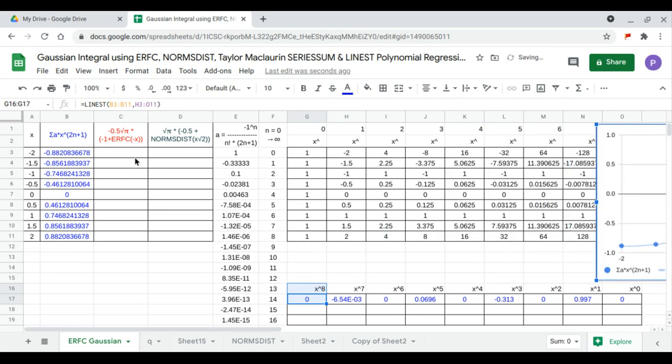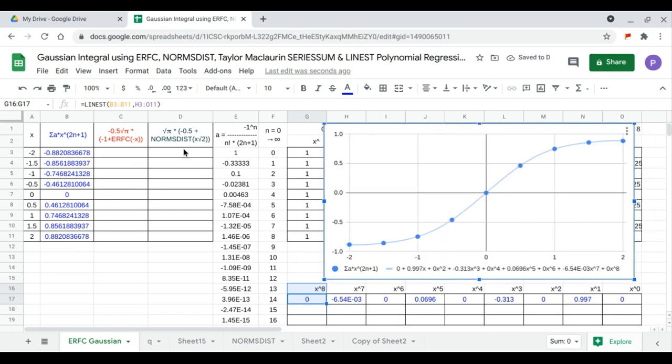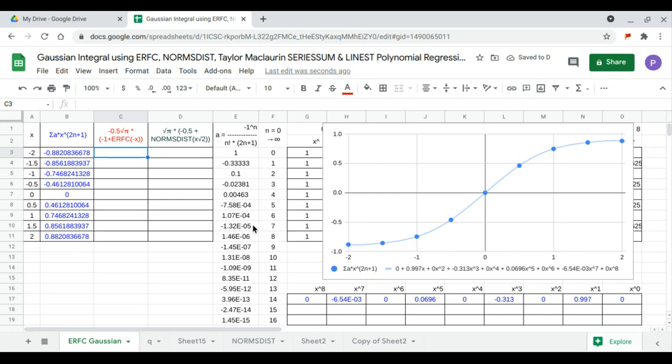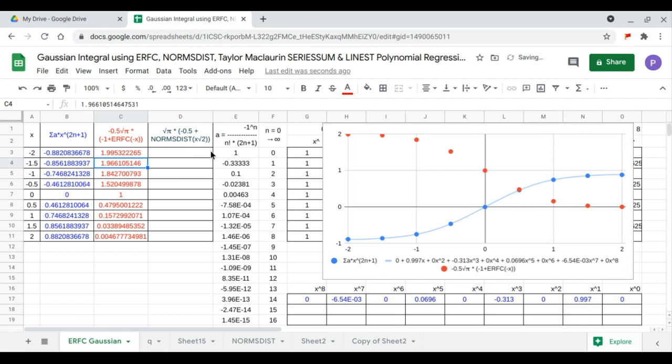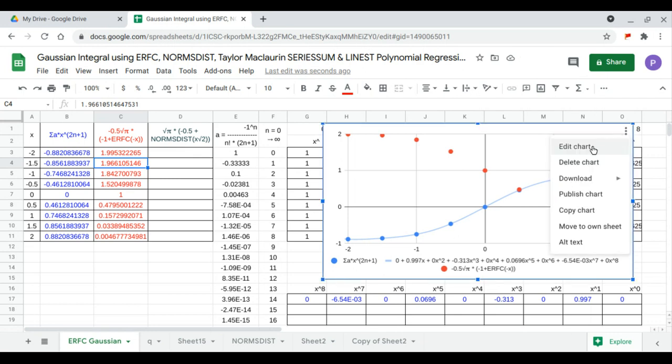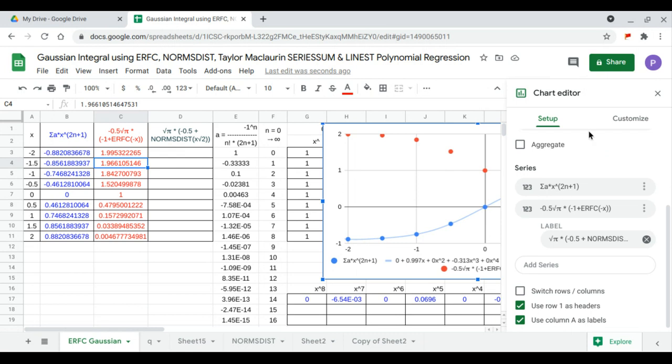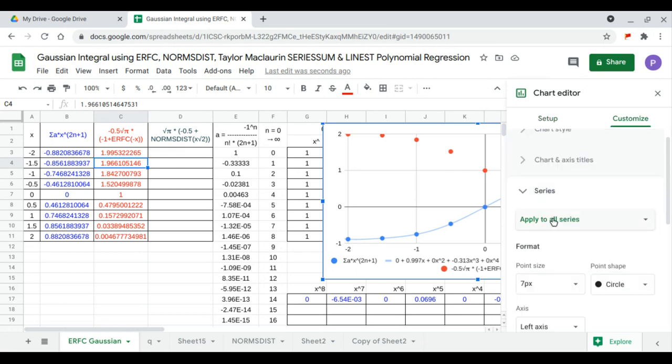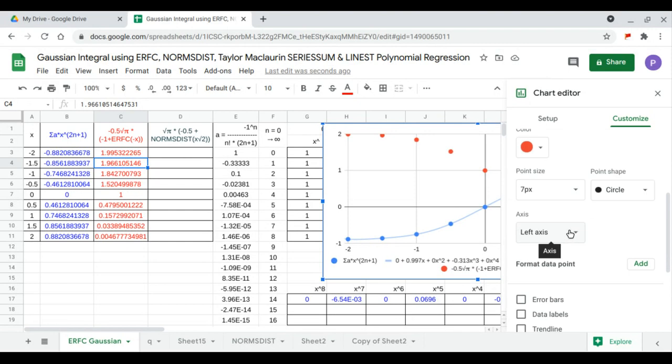Next, we calculate using the complementary error function. To do that, we will use ERFC, our formula, starting with the ERFC, the complementary error function. And we show the equation as labeled too. So, edit chart, polynomial.